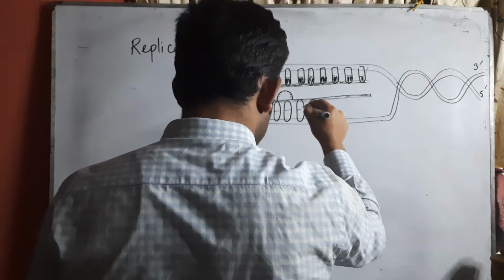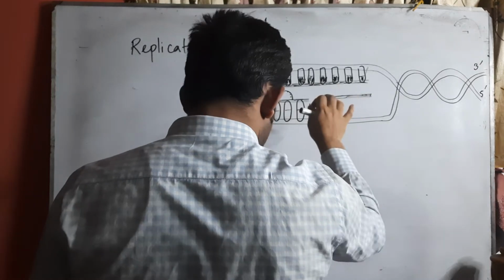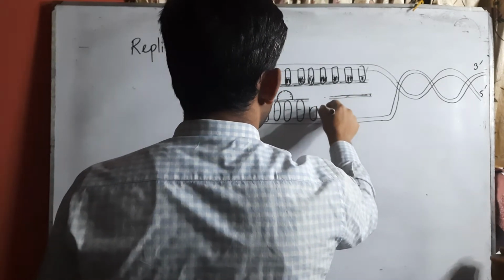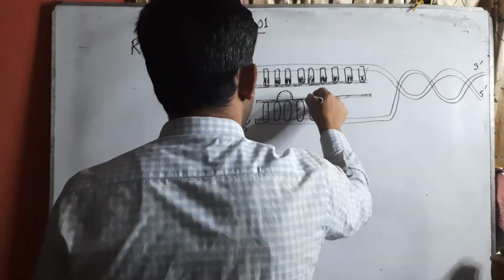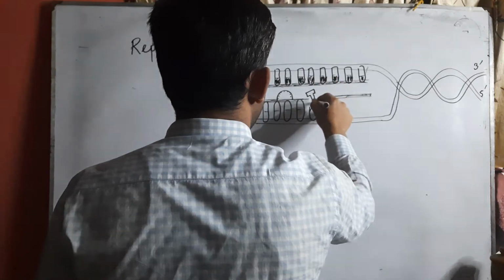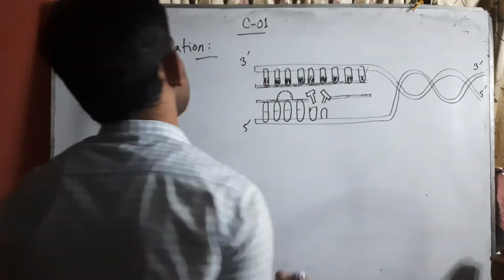I can also erase here for a while, so that this will be this one and this will be this one, and some part will be connecting out from here. So this one will be like that part.